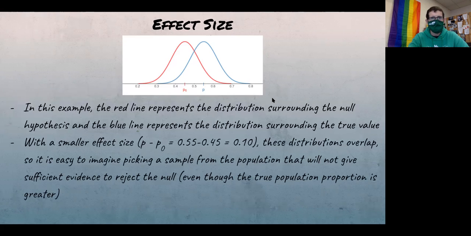So this has a smaller effect size because the difference between the two means is not nearly as big. It's easy to imagine picking a sample from the population that will not give sufficient evidence to reject the null, even though the true population proportion is greater. So what kind of error would that be?